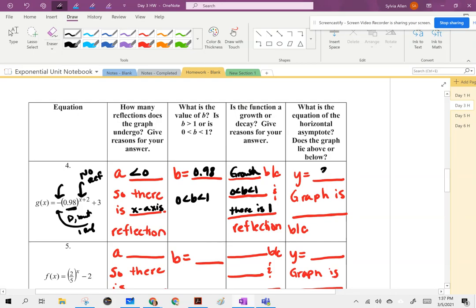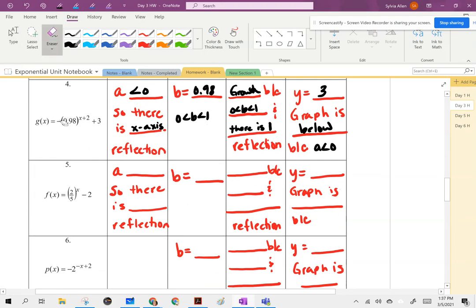Y equals 3 is the horizontal asymptote. We know that the graph is going to be below because A is less than 0. The graph is going to be below because of this reflection right here.